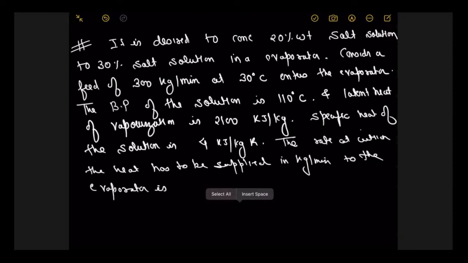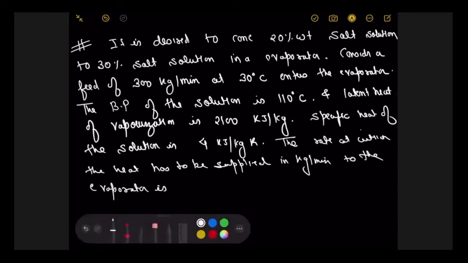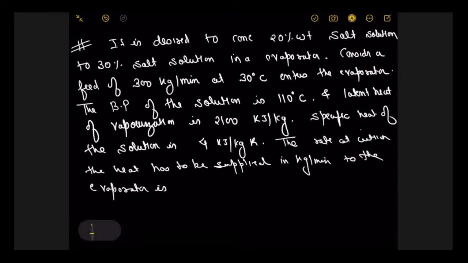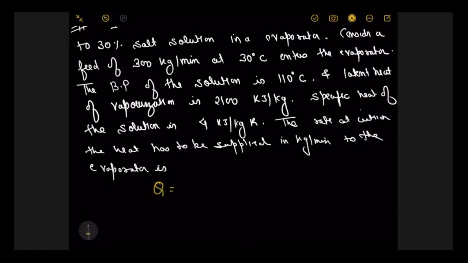So in this question, you have to calculate the amount of heat at the process side. So it will be Q equals mass of feed into Cp of feed, Tb minus Tf, plus Mv lambda. So it equals 300 into 4. Everything is in kilojoule.